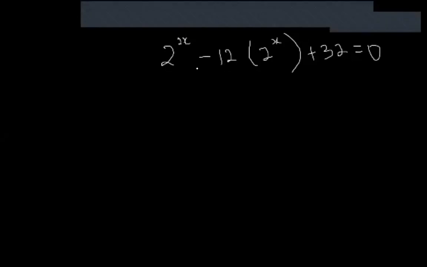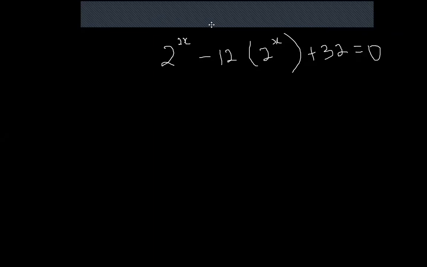The aim, we're going to write this in linear form or quadratic form. The minute you see something that looks kind of complicated like this, most likely you would have to use substitution.